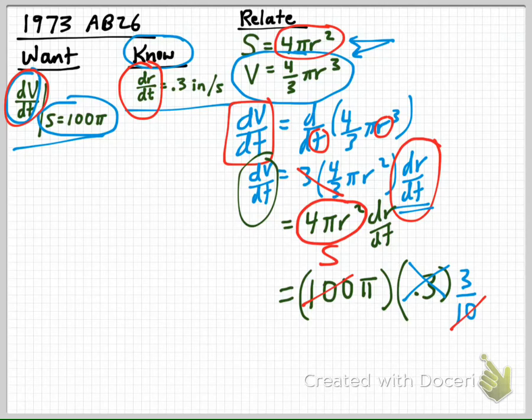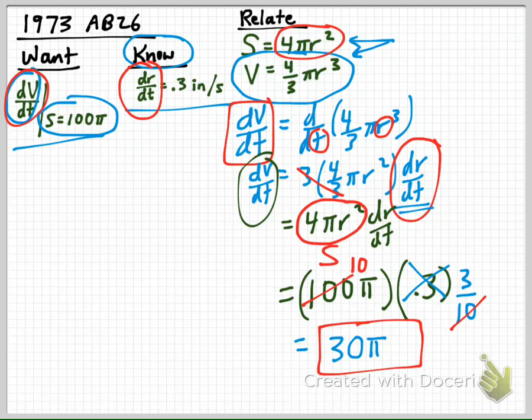So let me think this through. I have 3/10. 10 goes into 100 10 times. We have 10 times pi times 3, and so we end up with 30 pi. Where's that answer? That would be E.